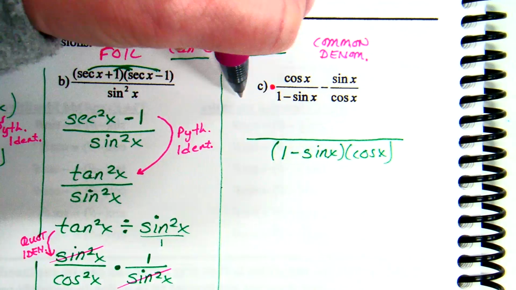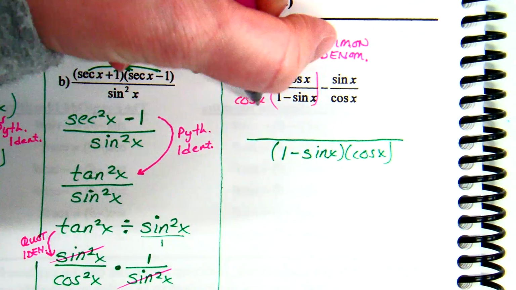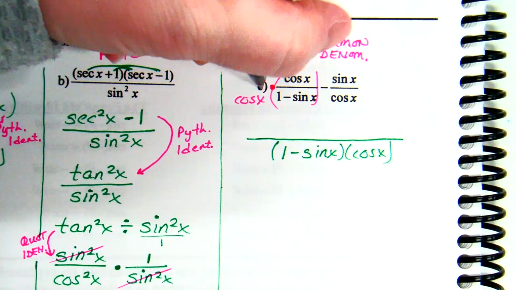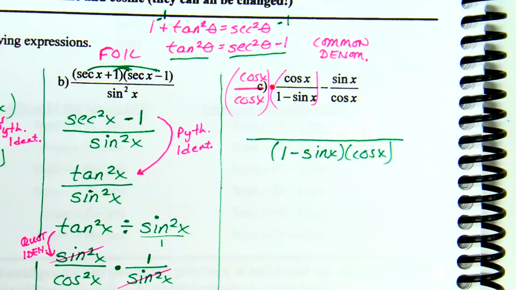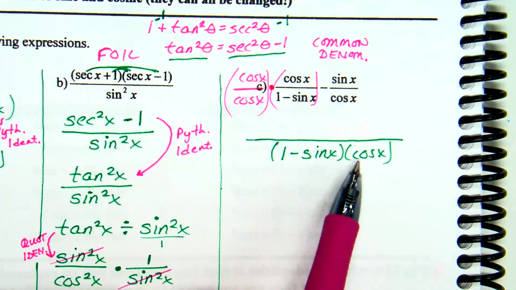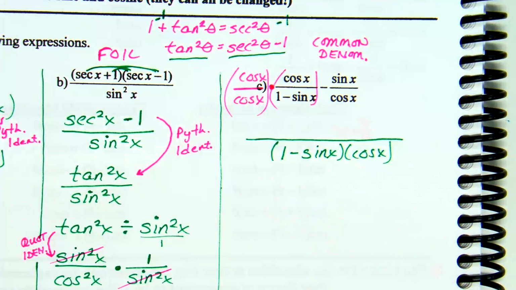Okay, it has 1 minus sine x. It's missing a cosine x. So I'm multiplying by cosine x. What I do to the denominator, we do to the numerator. So my denominator, cosine times 1 minus sine, is what I already have written down, yes? On top, what's cosine times cosine?